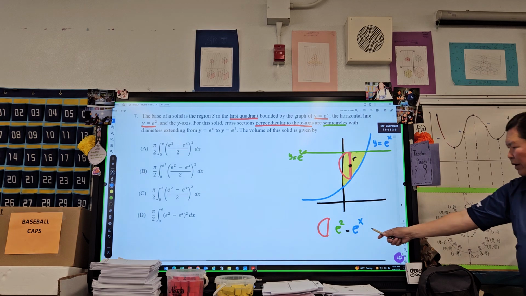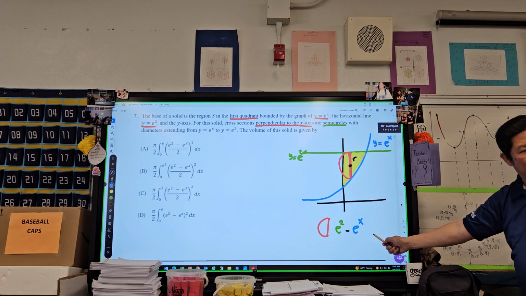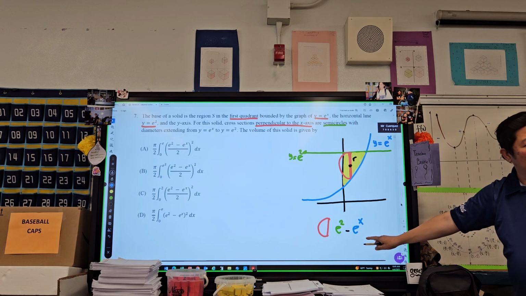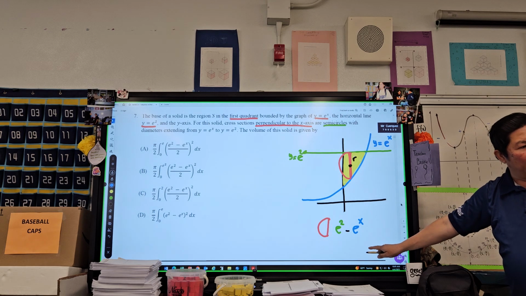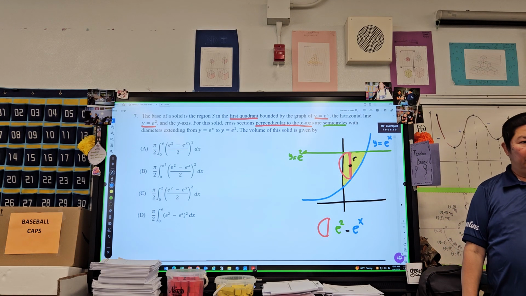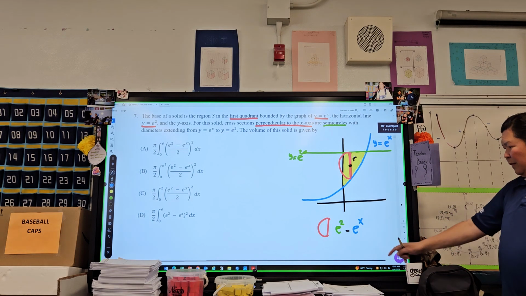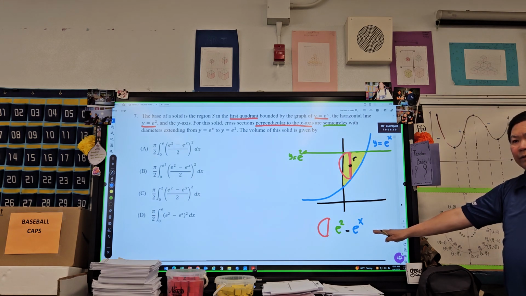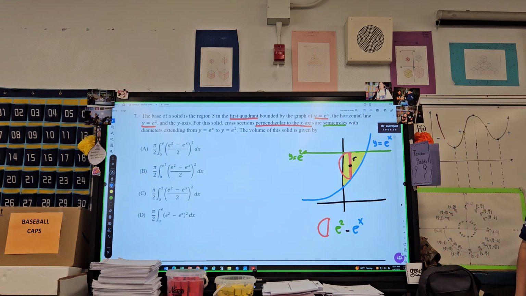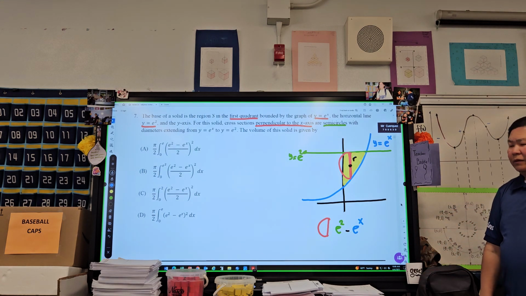Okay, this is our f of x minus the g of x, the upper limit or the upper curve minus the lower curve. Is this clear, guys?